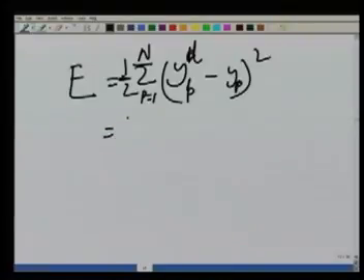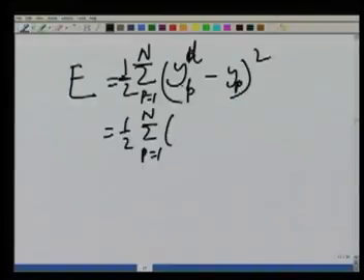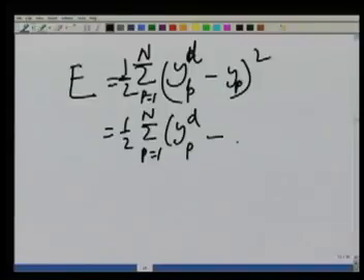So, you will see that this is actually a function, p equal to 1 to n, and this is a constant because this comes from the system, ypd, the system provides this output, and my actual output is a function of the weight vector W. I can write this as W i x i.